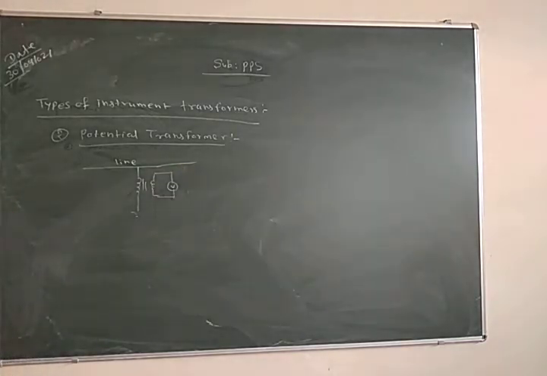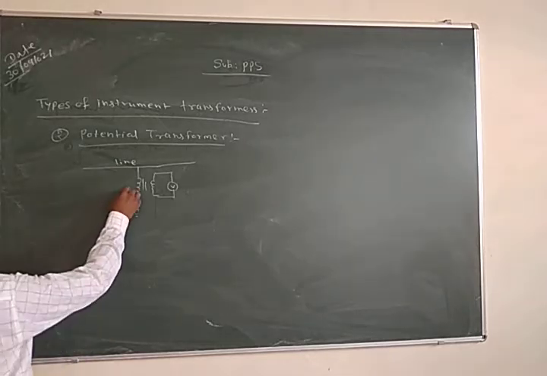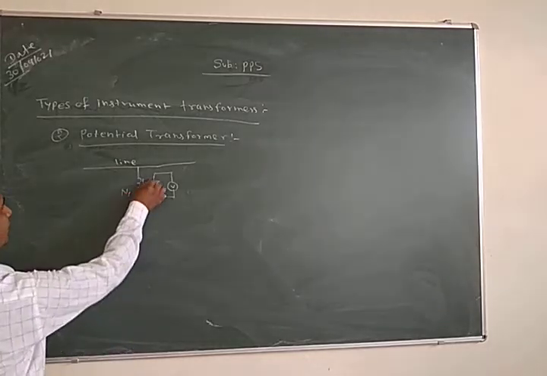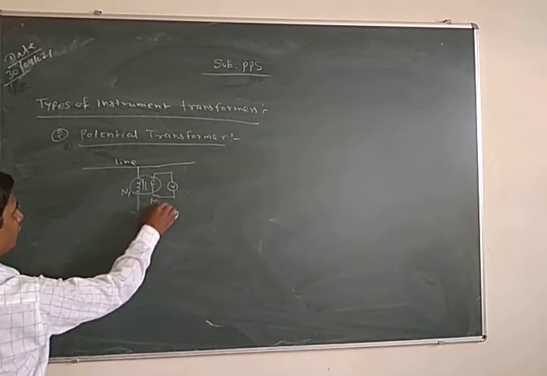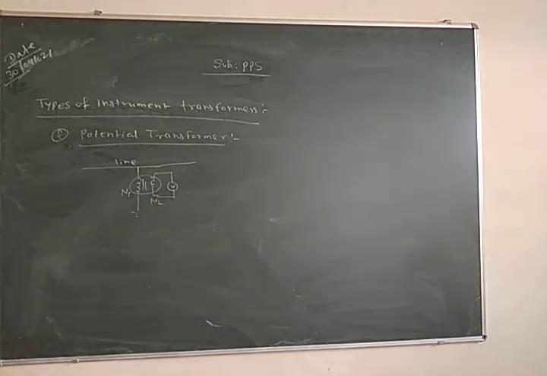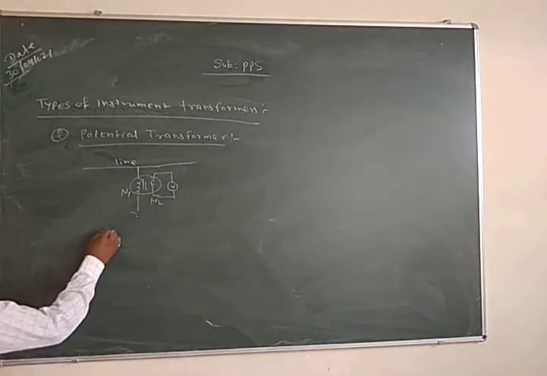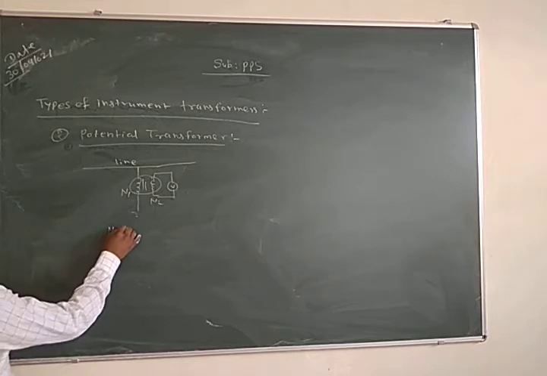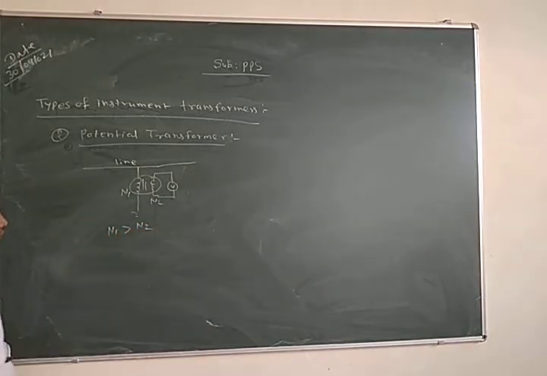If N1 is number of turns in primary and N2 is number of turns in secondary, in potential transformer N1 is greater than N2.